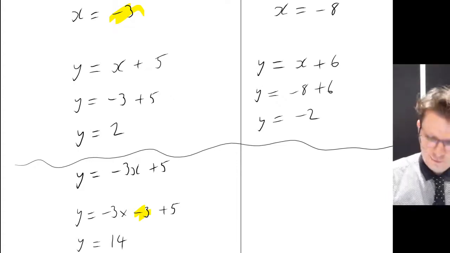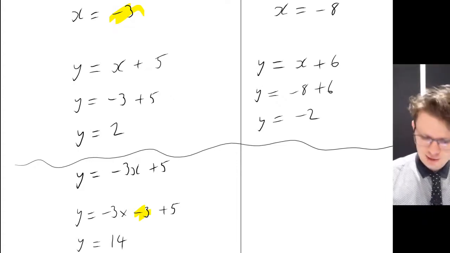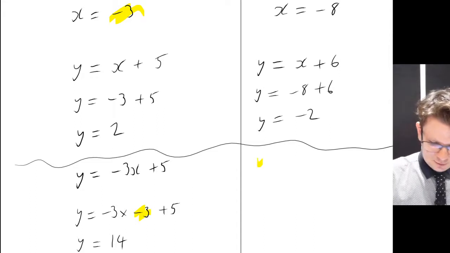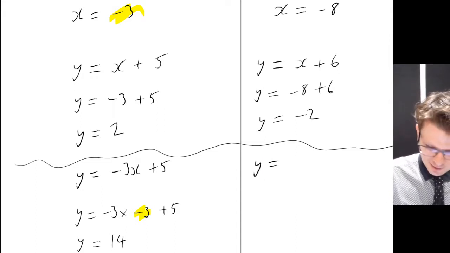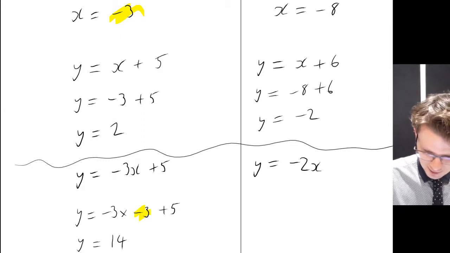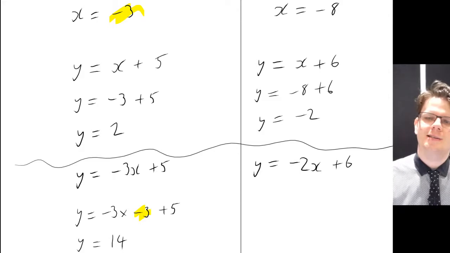So, for you, finishing off for today's lesson, I just want you to have a go at this last one. Y is equal to minus 2x plus 6, with your x still equal to negative 8 as before. So pause the video, have a go at this one.